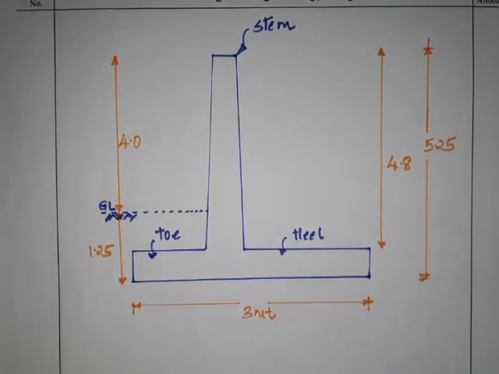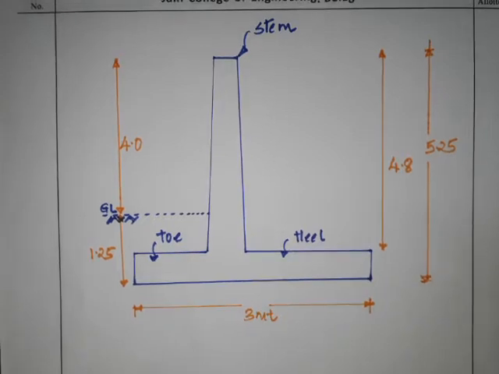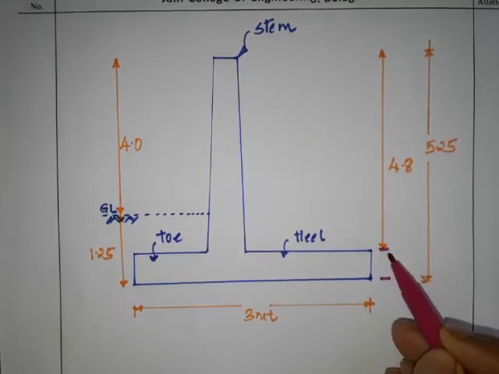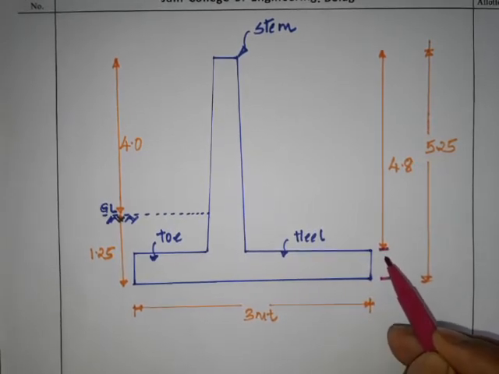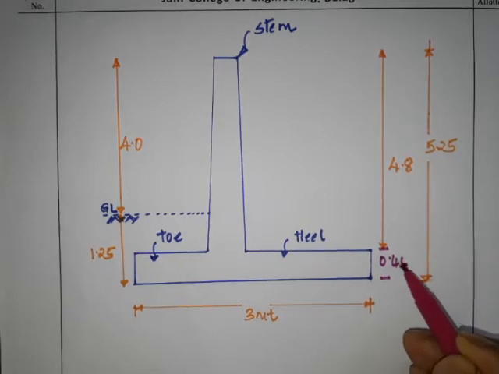So if I add 4 plus 1.25, we got the total height of retaining wall as 5.25 meter, and the thickness of base slab we have got as 0.45.